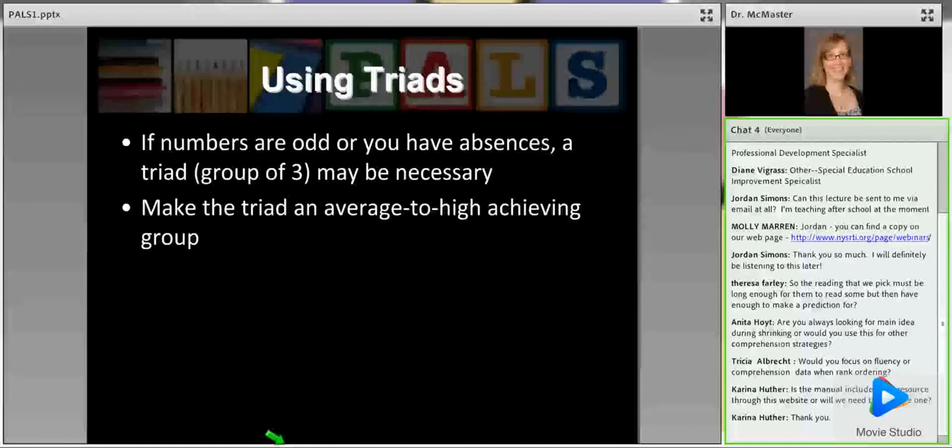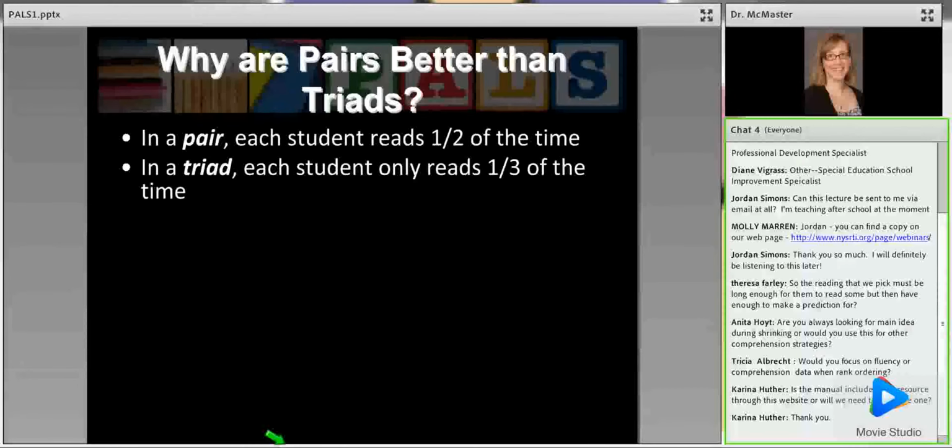The important thing to keep in mind with a triad is that they should be fairly average to high-performing students. So don't use the kids from the bottom of the list. That's just because it's easy to fall through the cracks, I think, when you're a struggling reader and you're working with 2 other kids.